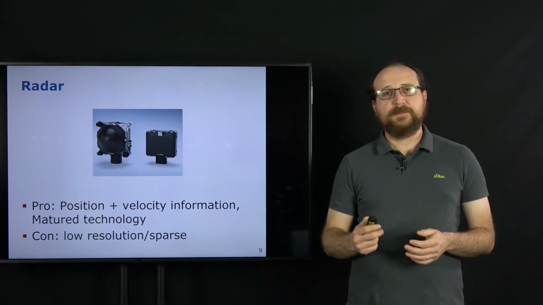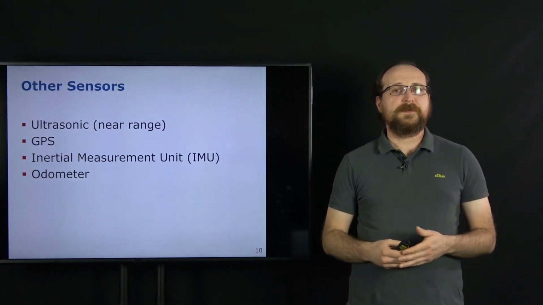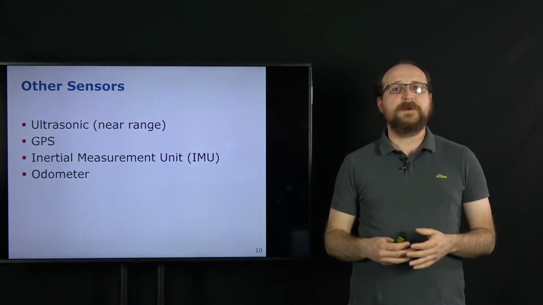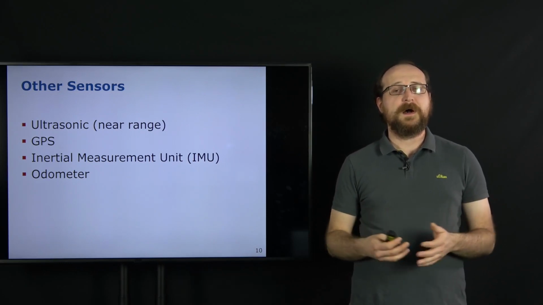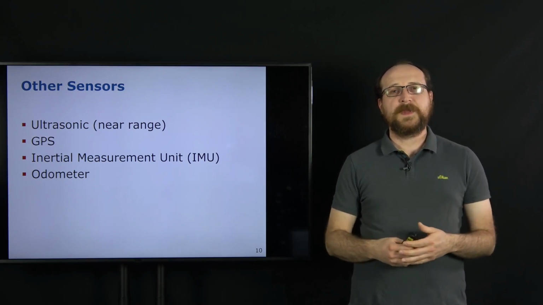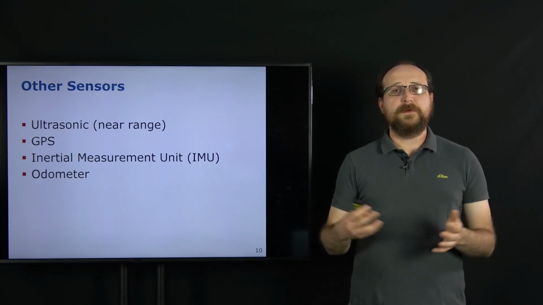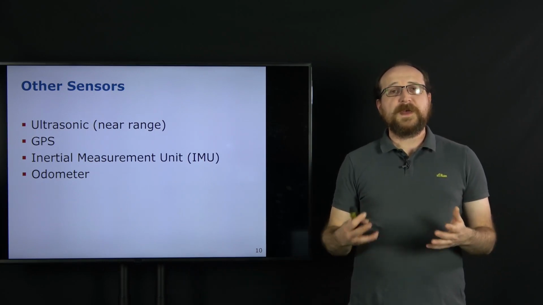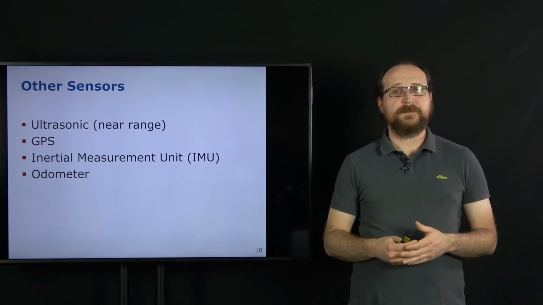Other sensors in the perception stack include the ultrasonic sensors that are mainly used for parking. These are also already equipped in cars, and they allow us to perceive the near range of the car. The global positioning system allows us to globally localize the car, so GPS is an important part of localizing cars in the surroundings.